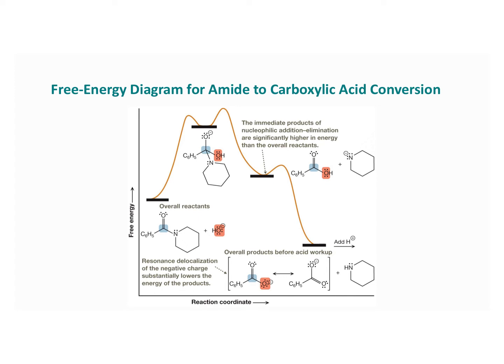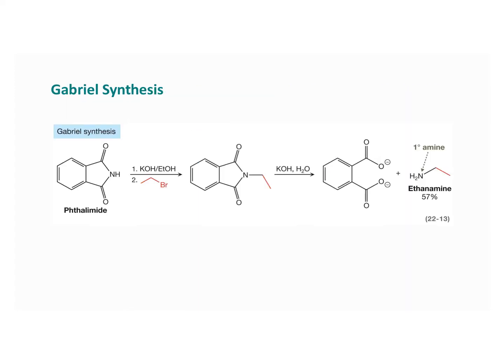The Gabriel synthesis uses phthalimide, which is shown right here, and it's treated with a strong base, like potassium hydroxide here, followed by an alkyl halide. Then you can see where that alkyl halide attaches to this nitrogen. There's two carbons there and they attach right here.